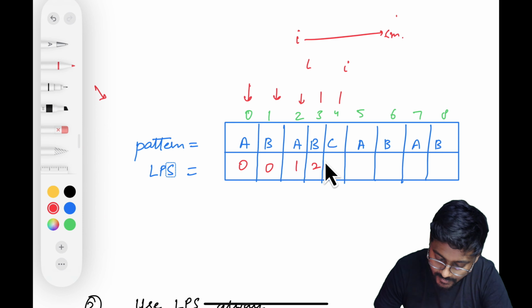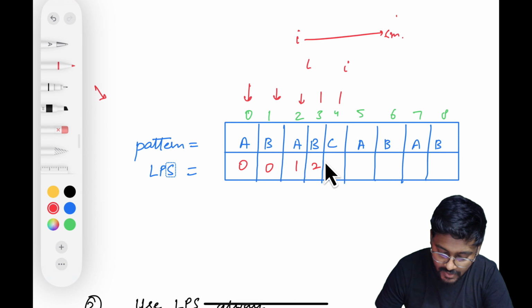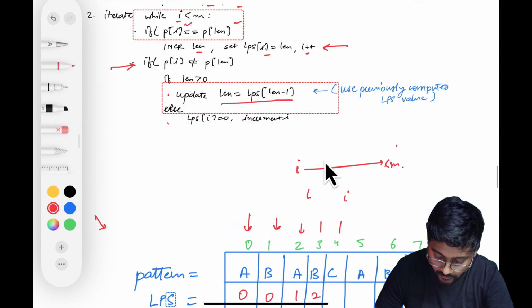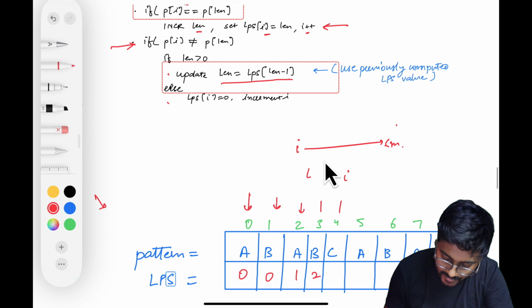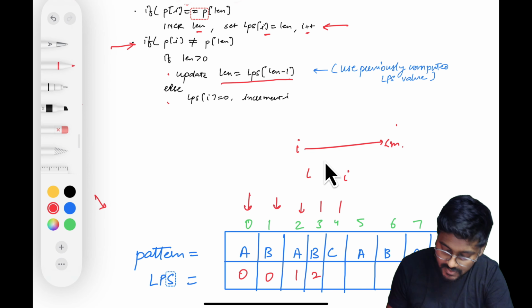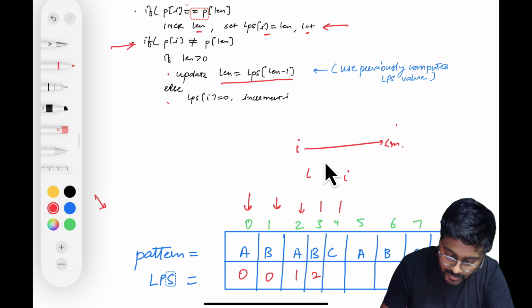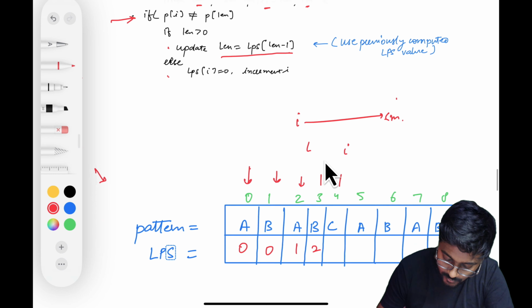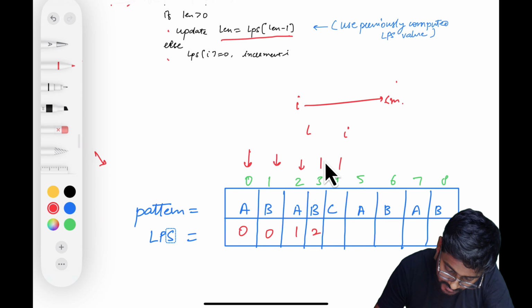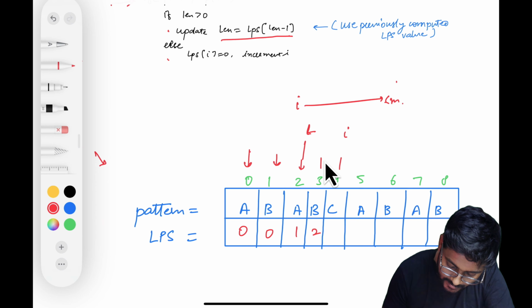At this moment, length and I are not pointing to the same characters. If they are not the same, we check whether the length is greater than 0. Length is pointing to 2, which is greater than 0. So length will be updated to LPS of length minus 1.